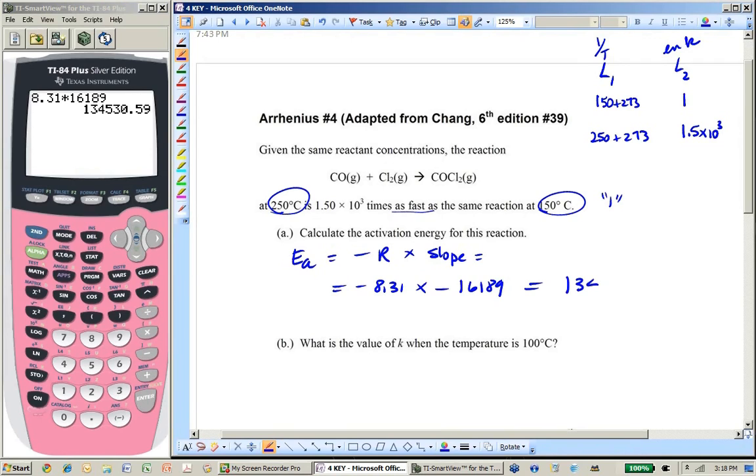Let's call it 135. 135 kilojoules per mole for the activation energy.